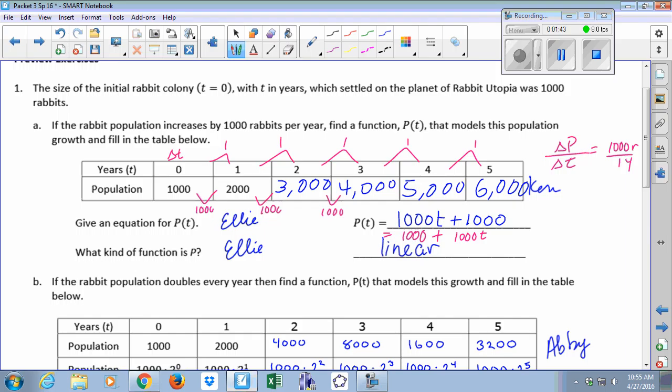If you ever notice in your graphing calculator under linear regression, they have both of these models. This first one is more the algebraic model, what you see when you look at a linear function. You're used to seeing mx plus b, but in statistics and in lots of situations with real data, we always put where we start first. I'm starting with 1,000 rabbits.